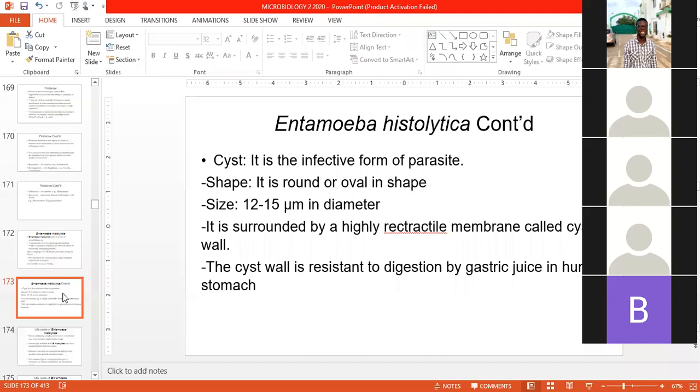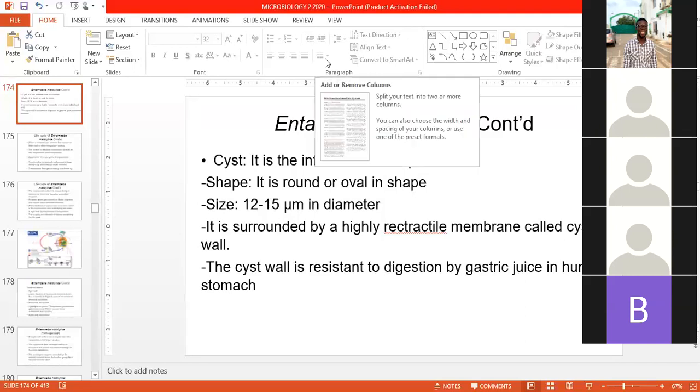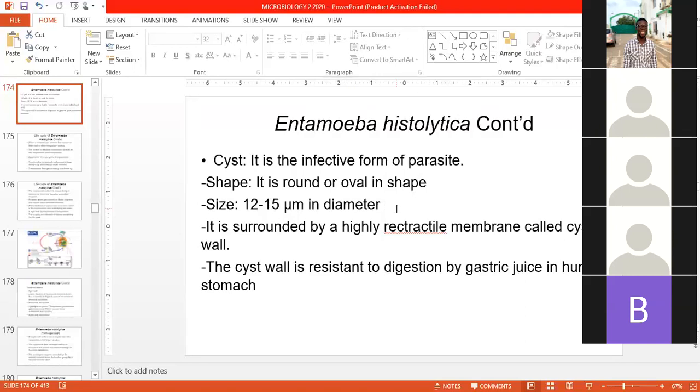So we are saying that the cyst is the infective form of the parasite. Please, let's take note of this. The cyst is the infective form of E. histolytica because it has a lot of virulence factors. The cyst itself is a virulence factor. When you ingest it, the stomach pH is acidic and should digest the protozoa, but the cyst protects it.